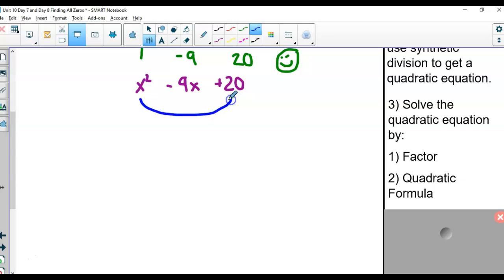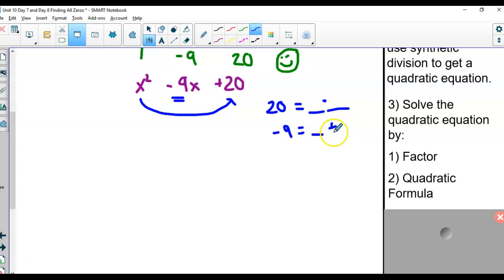I'm going to take 1 times 20, and that gives me 20. Okay, because I multiplied the coefficient from this x squared times the constant, which gives me 20. And I want to think, what times what gives me 20 that adds to get this middle term, and that's -9. So I want to think of all my factor pairs of 20.